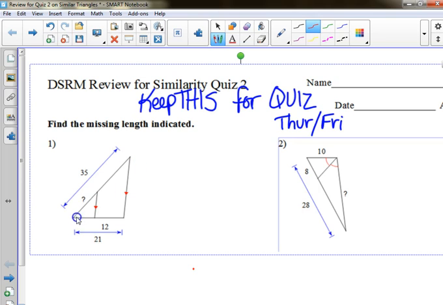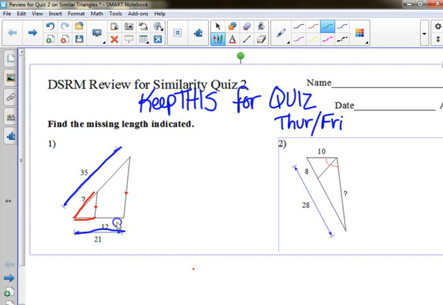If we are looking for this little piece, we need to know something about this little piece, because right now we know this one is 35 in the big triangle and this one is 21 in the big triangle.